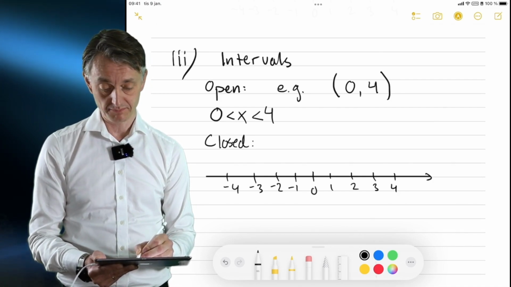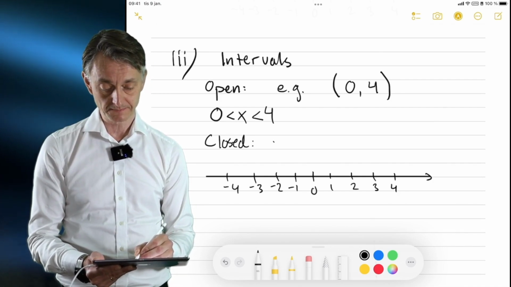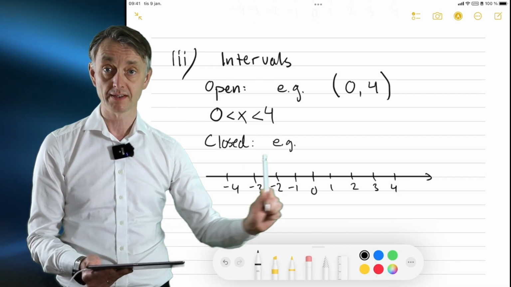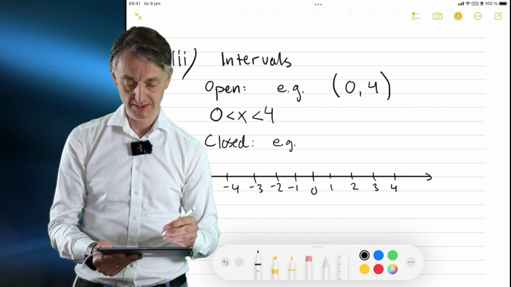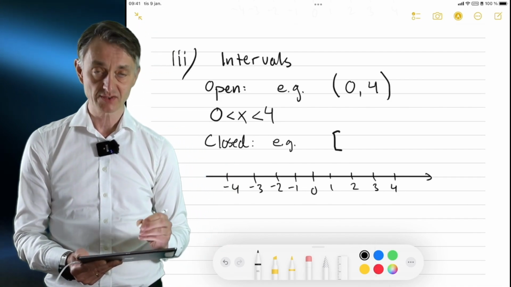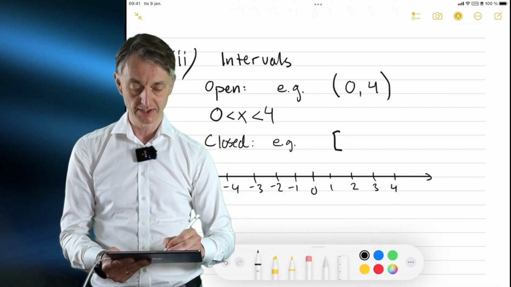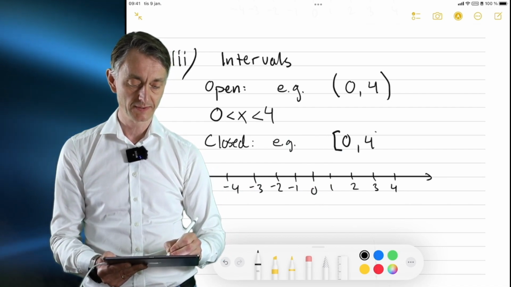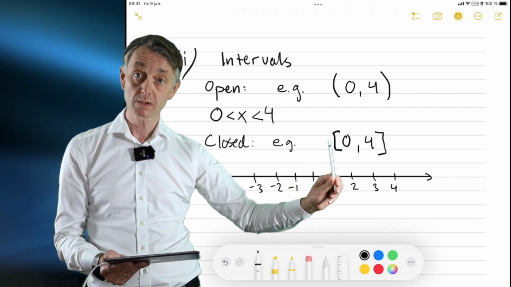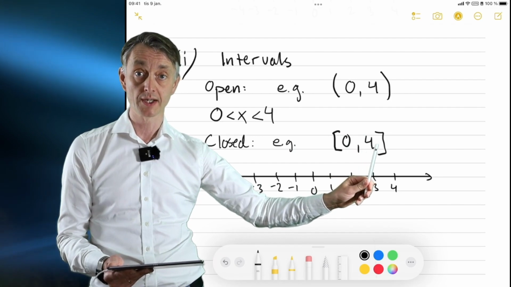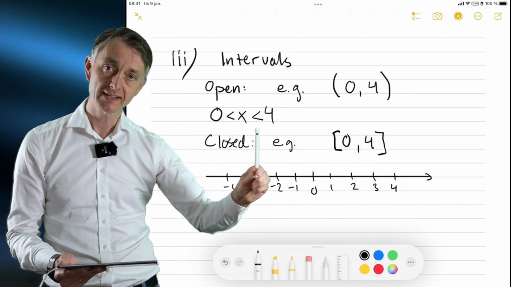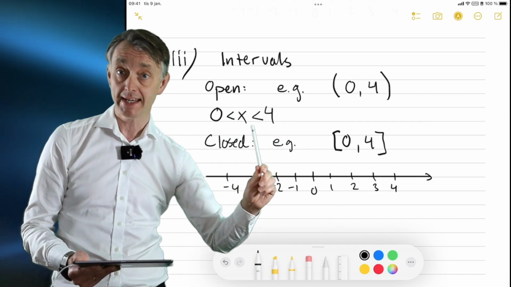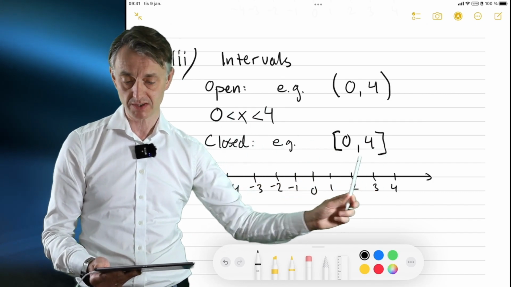Okay. So then there is also the closed interval. Let's take the same example between 0 and 4, but let's make it the closed interval. That means you write it like this, with these sort of brackets here. So 0 and 4. This means all the numbers between 0 and 4, including 0 and 4. So let's say that x is a number in this closed interval.